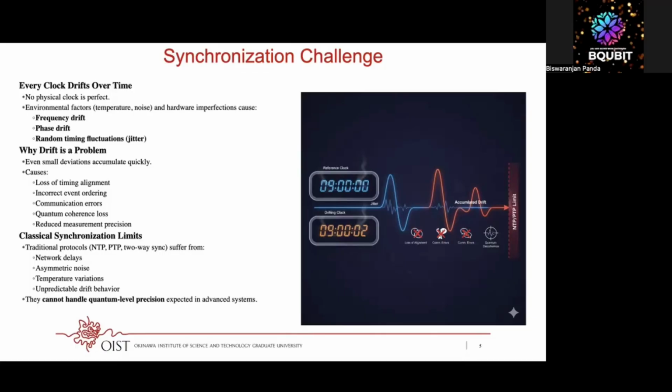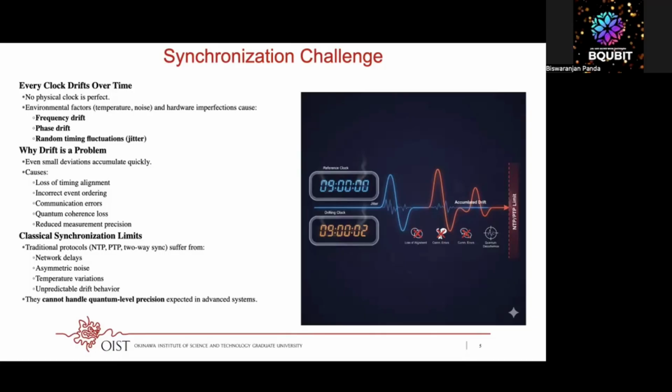You will get some precision, but this precision is not enough, right? And asymmetric noise. If you are sending one signal from A to B, and another signal is coming from B to A, the delay from A to B and B to A is not always the same. That's why it's called asymmetric.